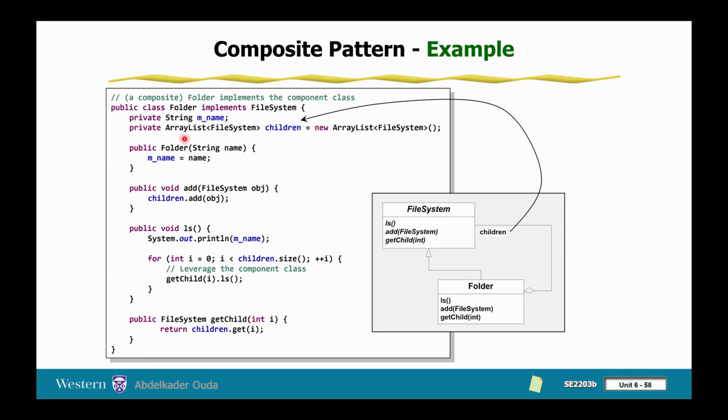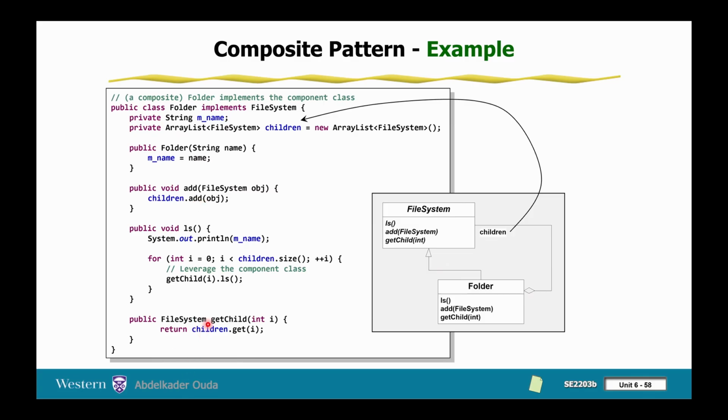So children of type FileSystem is just an array list. And the constructor for the Folder takes any string and assigns it to the file name.